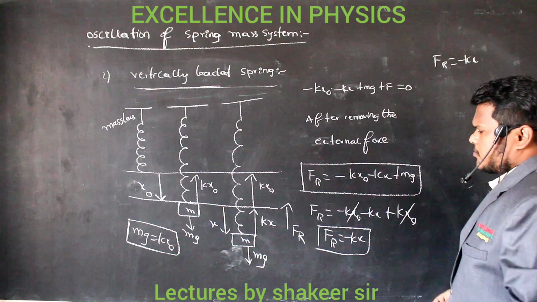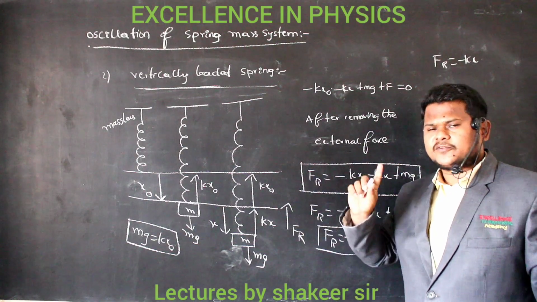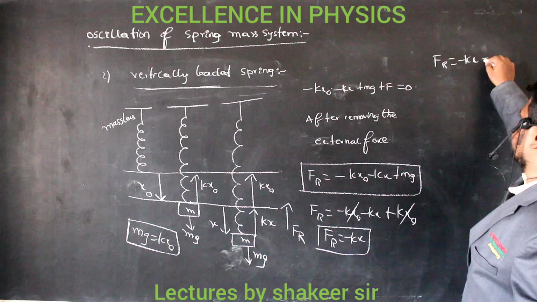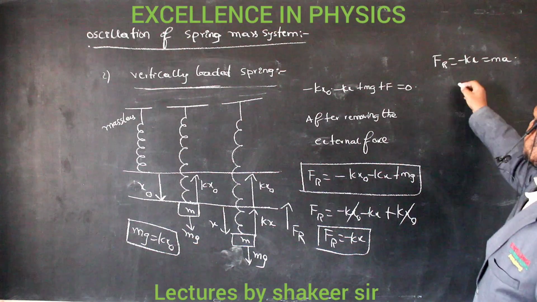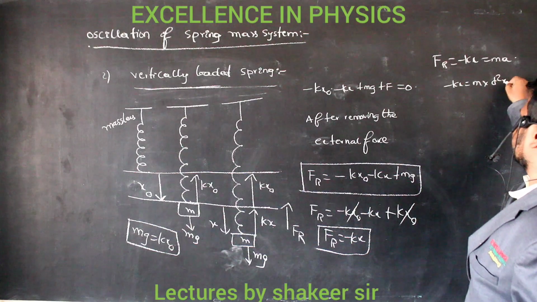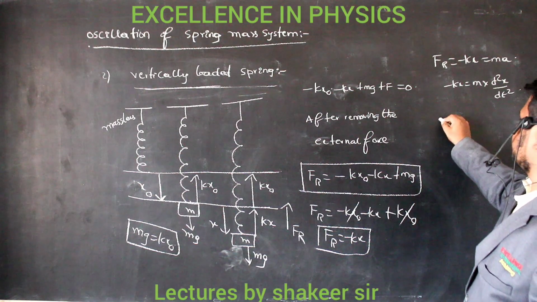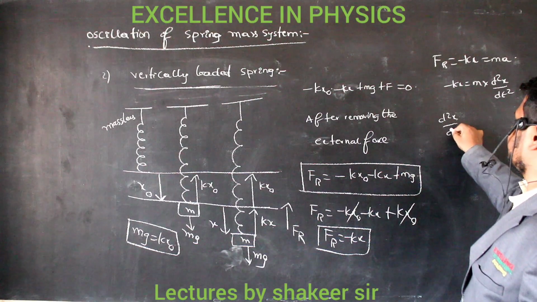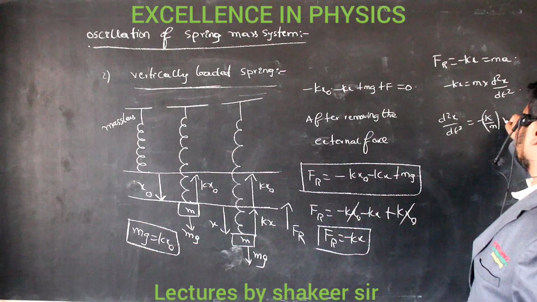And this is the only force now which is acting on this mass m. It means this force becomes the net force. And what is net force? Net force is equal to mass into acceleration. Clear? So minus kx can be written as mass into acceleration, which is m d square x by dt square. So d square x by dt square is equal to minus k by m into x.